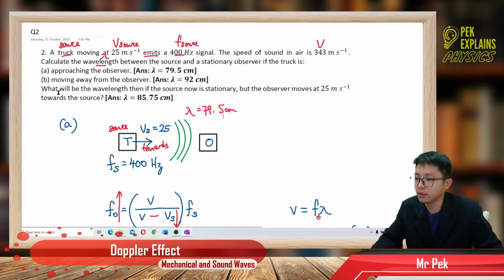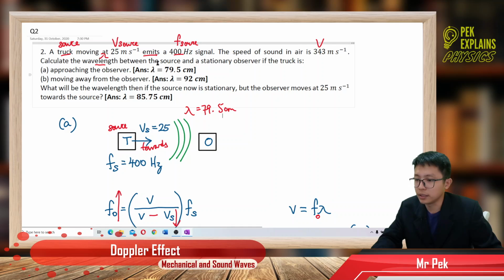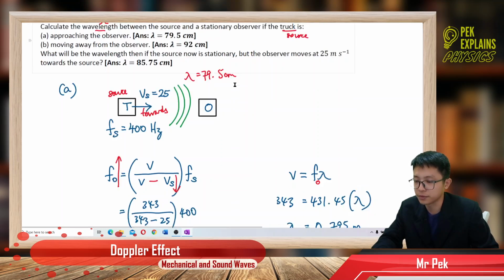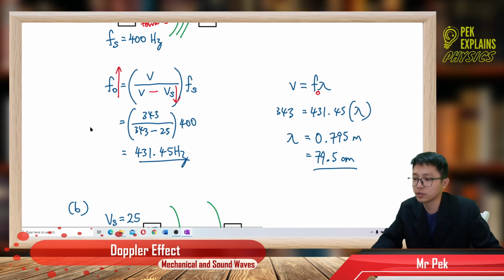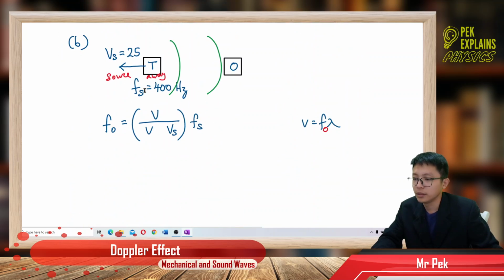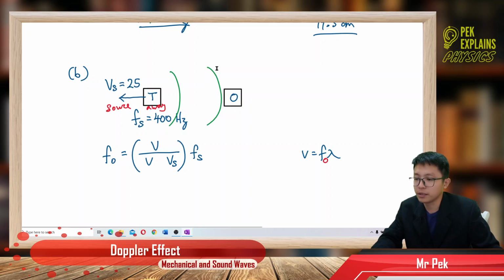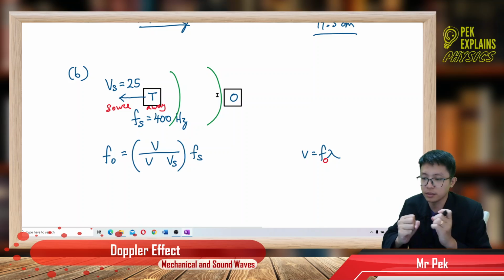Now, how about the second one? Now the source is moving away from the observer. So we can expect the wavelength to become longer, like being expanded, being pulled.